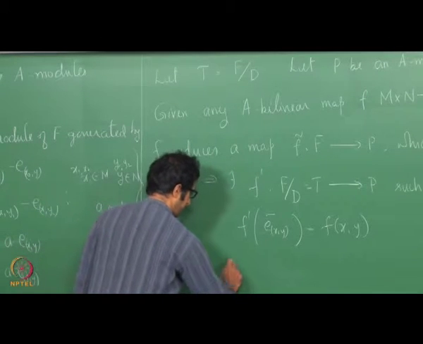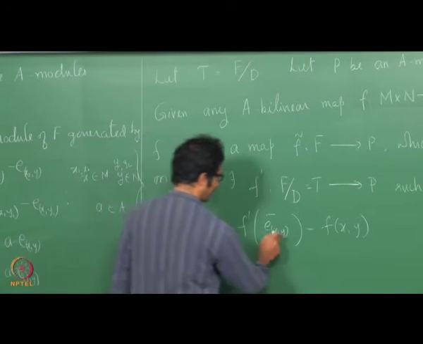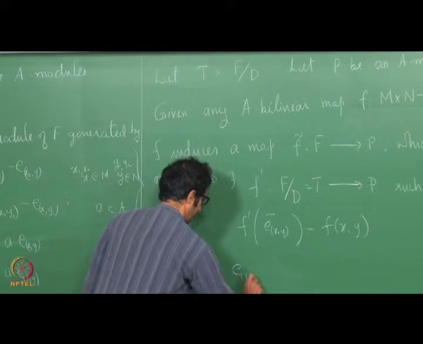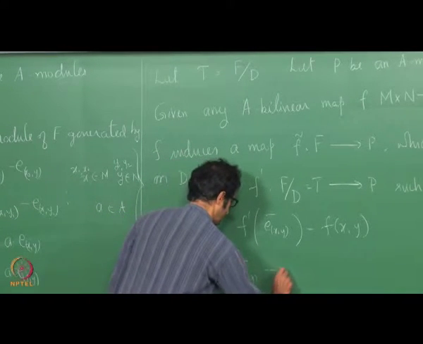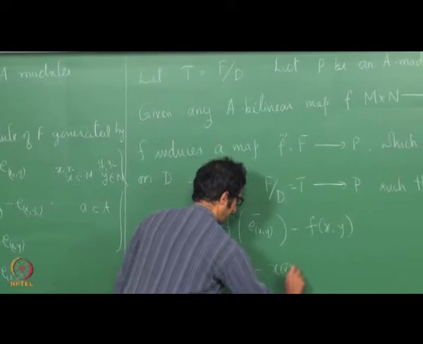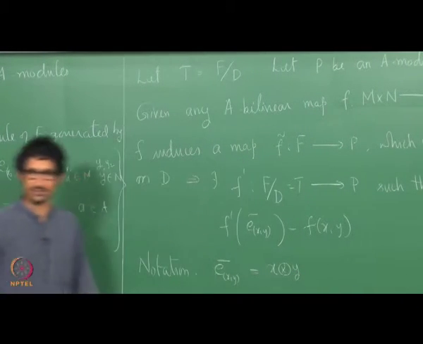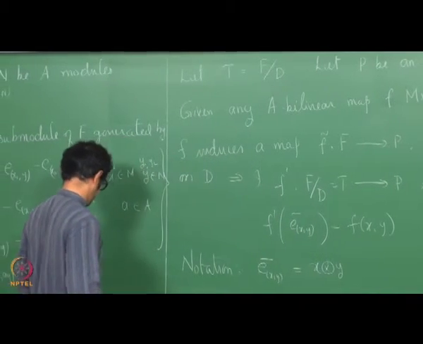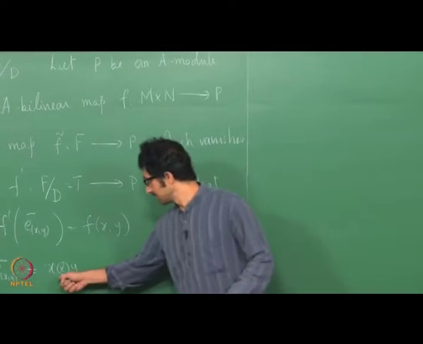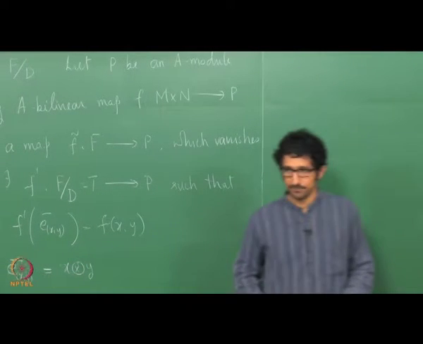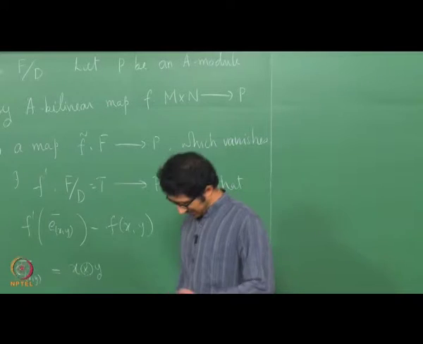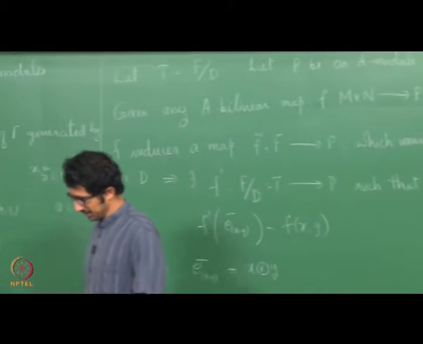The image of e(x, y) in T is denoted by x tensor y. These are the generators of T. We call this a tensor. Yeah, we will come to that.